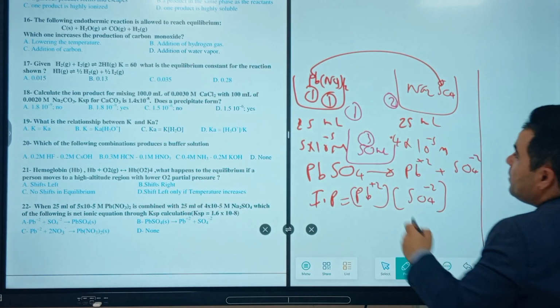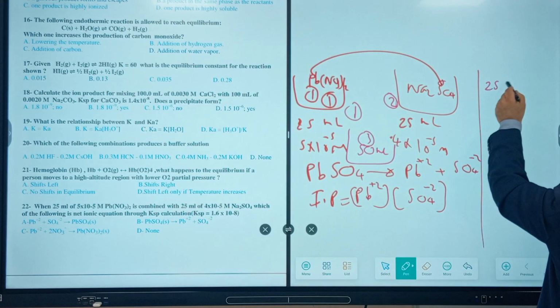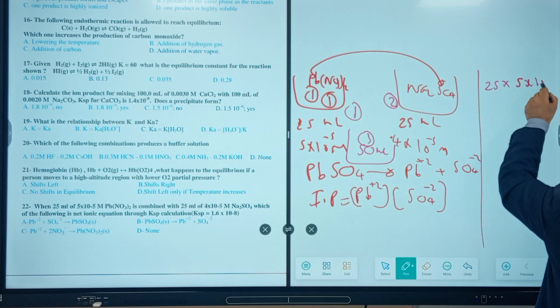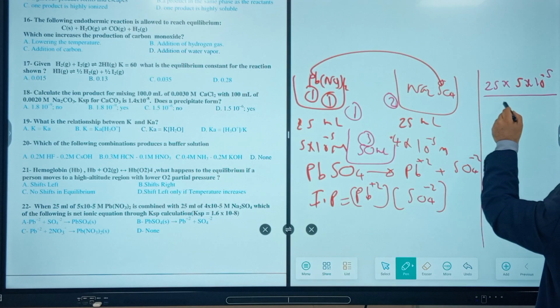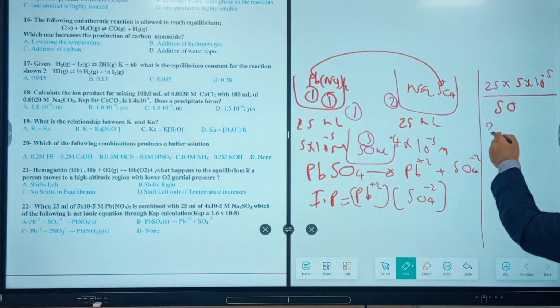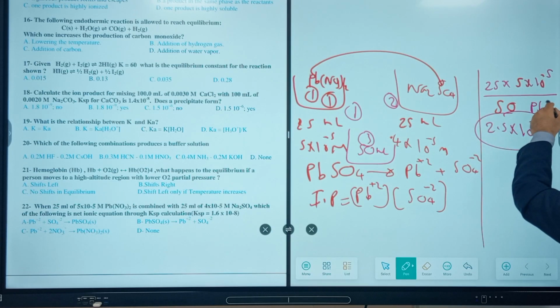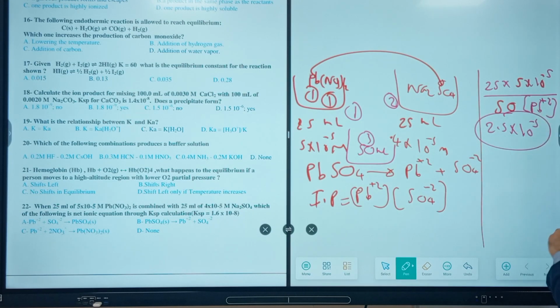To calculate the Pb2+, we take the relation between the first and the third. So 25 multiplied by 5×10^-5 over 50 equals 2.5×10^-5. This is the concentration of Pb2+.